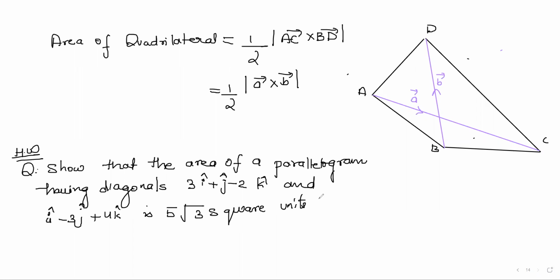This question came in CBSE 2008. Note down this question. Raise your hands. Note it down, and then we will start the properties. This question you have to do in the homework.